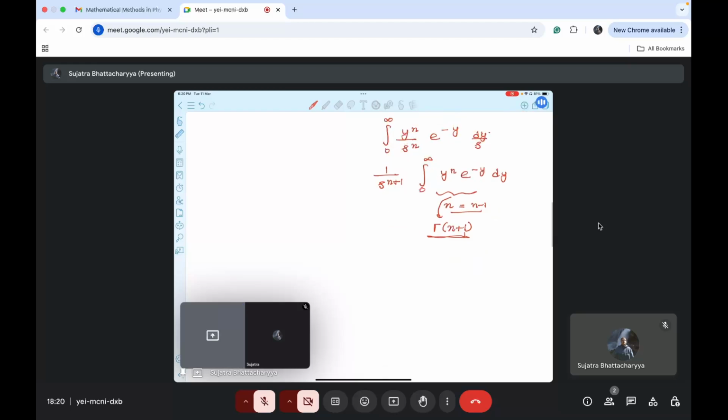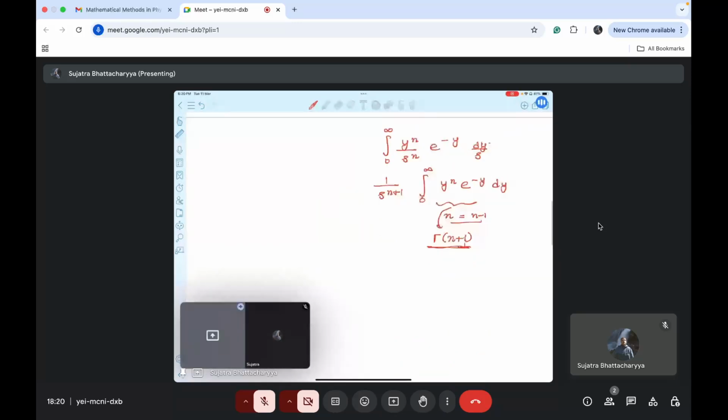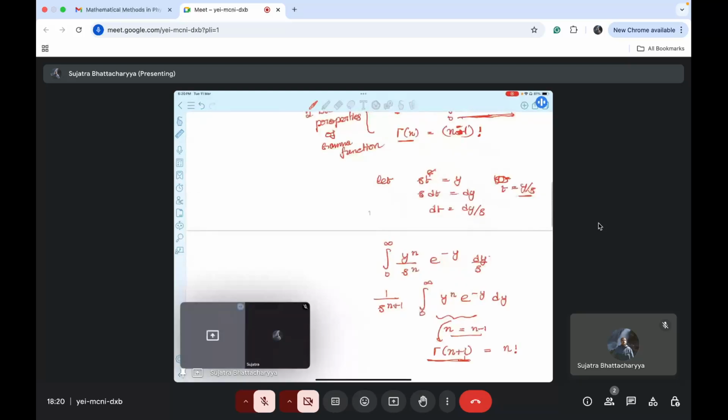So now what is gamma of n plus 1? We have seen that gamma of n is, I'm sorry, I have made a mistake here. This is actually n minus 1 factorial. Okay. So gamma of n plus 1 will be nothing but n factorial. Gamma of n is n minus 1 factorial.